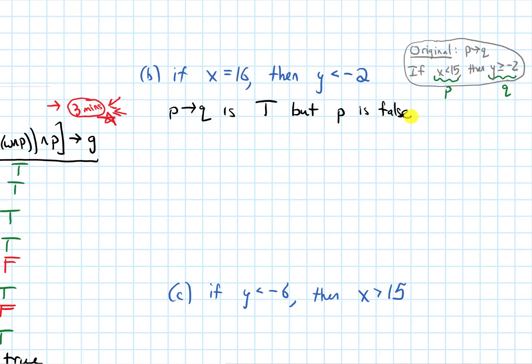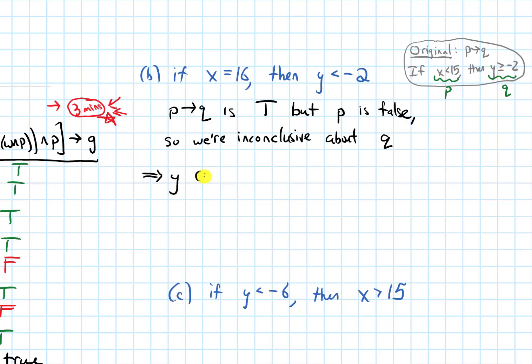And we just saw in that table that we made before that if our implication P implies Q is true, but the P portion, what we're given, is false, I can't make a conclusion about Q. So we're inconclusive about Q. So I can't necessarily say that y is greater than or equal to -2. It might be, but it might not be.